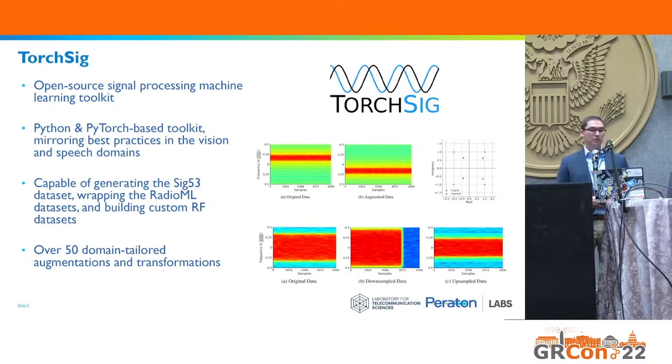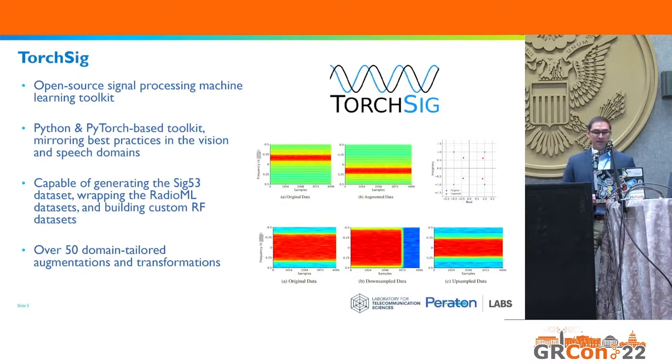And additionally, you can build your own custom RF datasets just by following our dataset class templates. So whether this is a synthetic dataset where you're modeling your particular signals, or if you wanted to wrap existing datasets that are file-based, whether that be SigMF-based file datasets or any other file format.